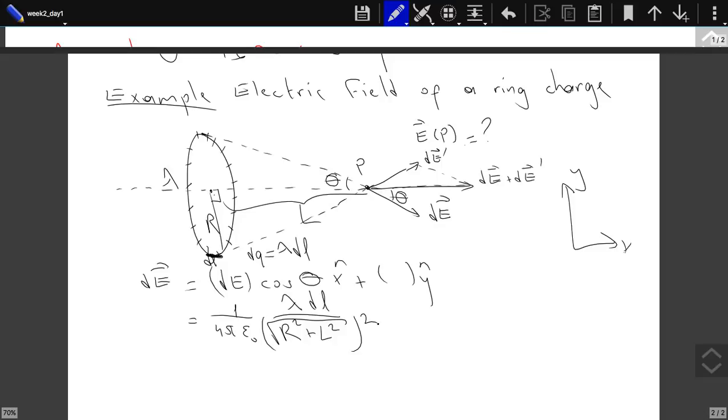This is the horizontal component of the electric field created by this very small segment. But it's also the same for this one. In fact, it is the same for all the segments that we can consider.